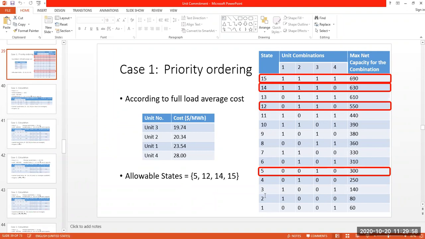I mean, if I choose, let's say, 60 here, if I choose this state inside my allowable states, then I cannot satisfy any demand higher than 60. I can only satisfy the demand up to 60 if I choose state number 1 as the allowable state.